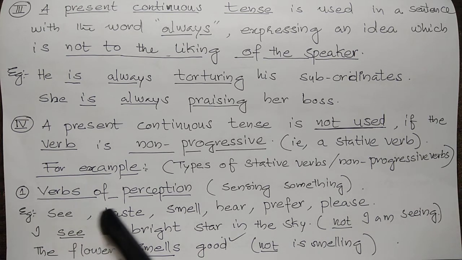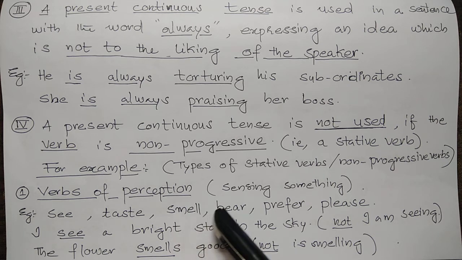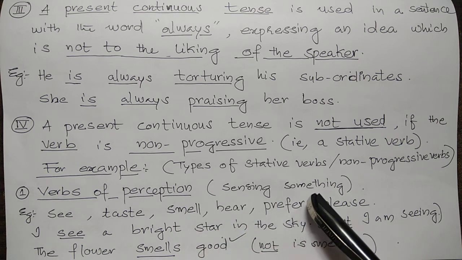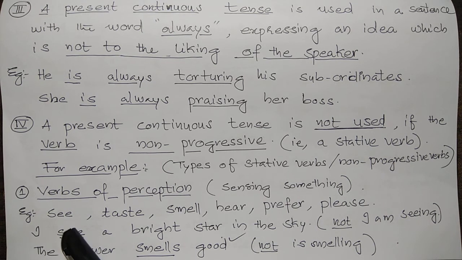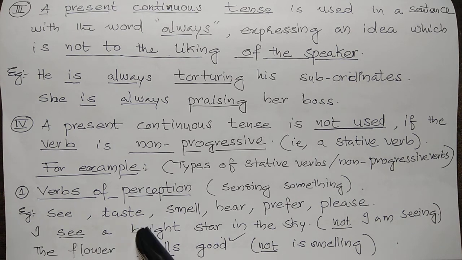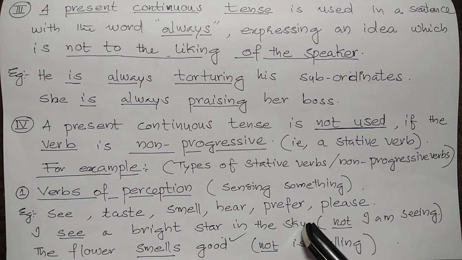First one, verbs of perception. Perception means sensing something. See the examples. See, taste, smell, hear, prefer, please. All these are verbs of perception. See the example. I see a bright star in the sky.